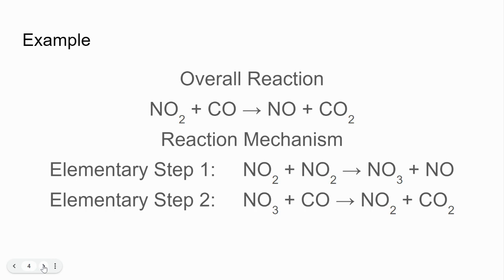In elementary step 2, the nitrogen trioxide reacts with the carbon monoxide to produce nitrogen dioxide and carbon dioxide. These two elementary steps together are called the reaction mechanism. And again, when we summarize what takes place in the reaction mechanism, we get the overall reaction.